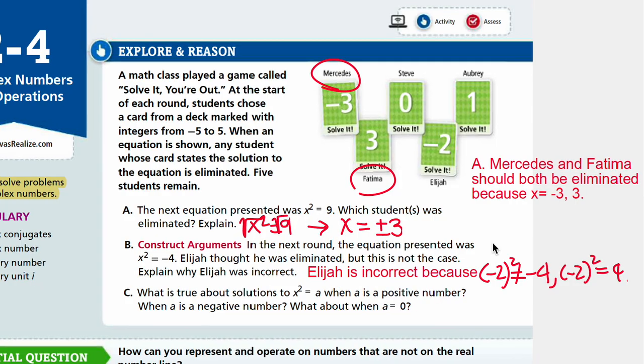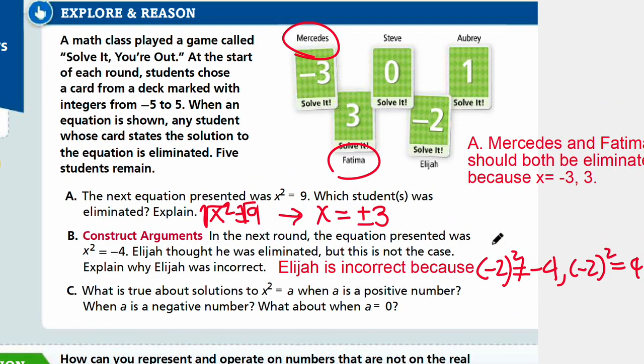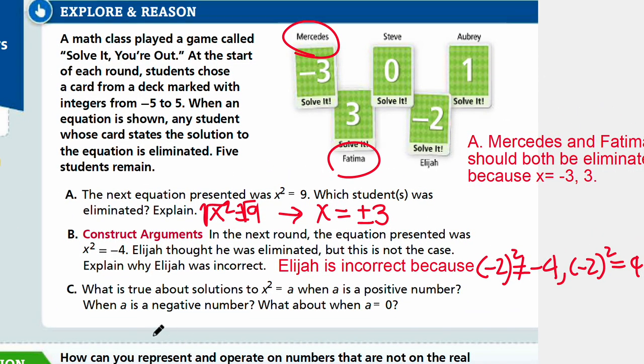So let's think about solutions for the quadratics. When a is a positive number, what can we say about x? Can x be positive? Yeah, positive times positive is positive. Can x be negative?